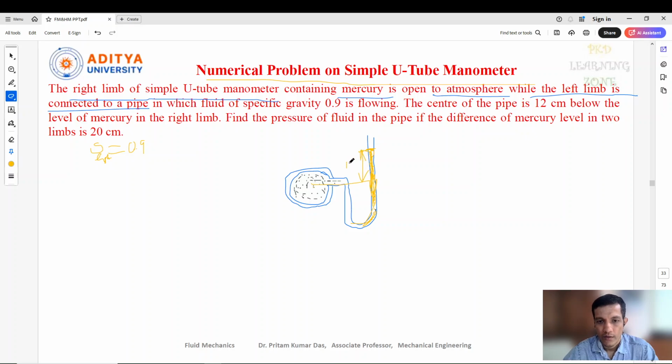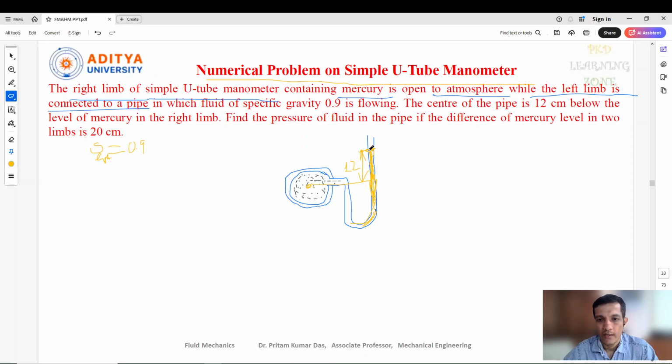This is 12 centimeter given, 12 centimeter below the level of mercury in the right limb. Find the pressure of the fluid in the pipe. So we need to find the pressure of the fluid which is present in the pipe if the difference of mercury level in the two limbs is 20 centimeter.